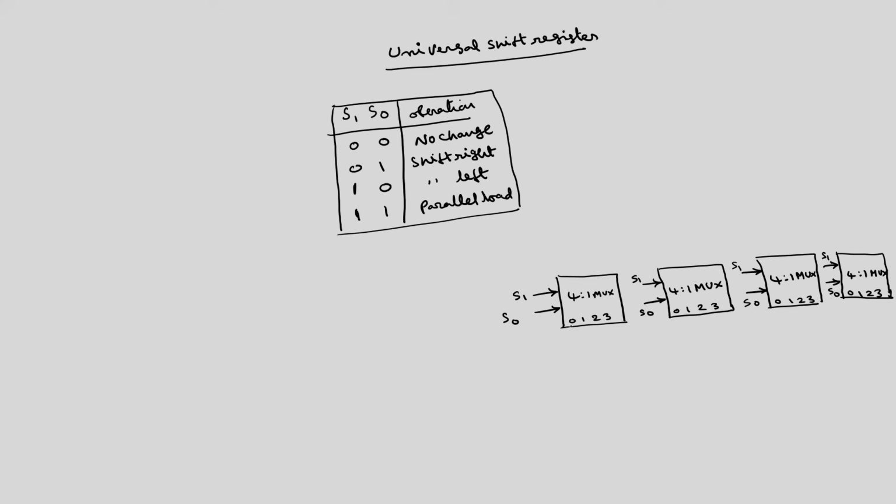Now, what are the signals that have to be applied at the 0th, first, second and third inputs of the first multiplexer? Similarly, here what are these 4 inputs? Similarly, for the third multiplexer, what are the 4 inputs?